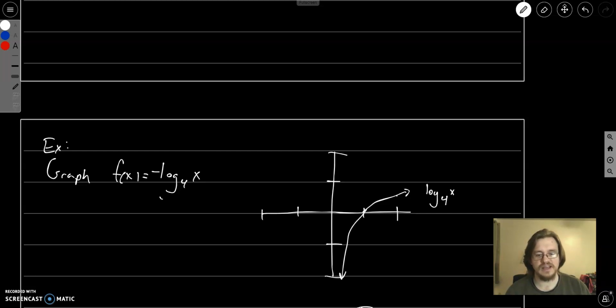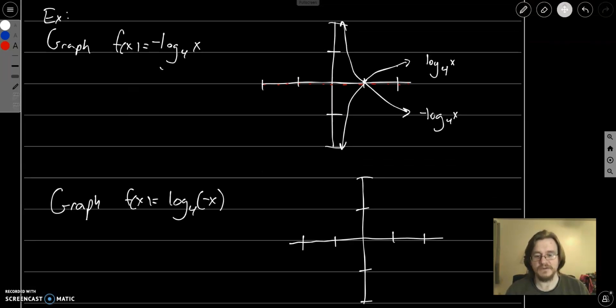So down here, if we're approaching negative infinity by going down, for the other function, we're going to be going to plus infinity. Likewise, up here, we're going to be climbing for a while. With our other function, we're going to be falling. So this is going to be negative log base 4 of x. So again, we're just flipping the graph over the horizontal axis because we're multiplying by a negative 1.